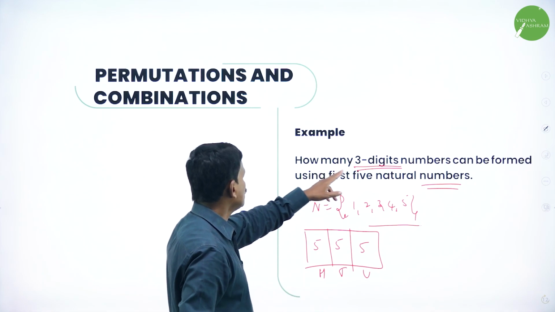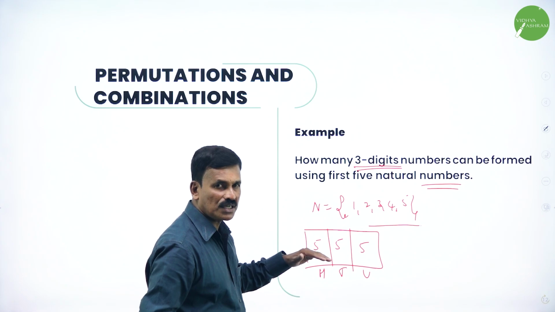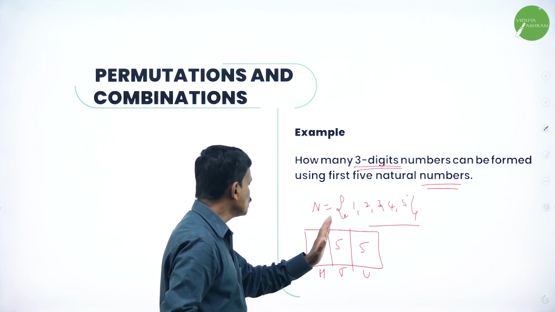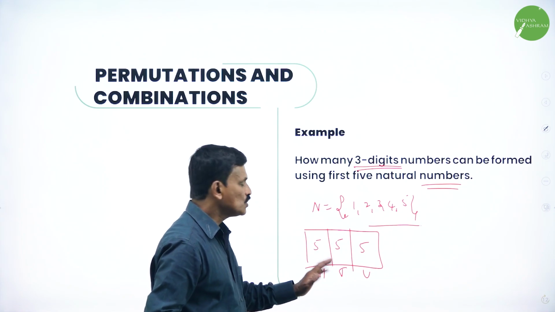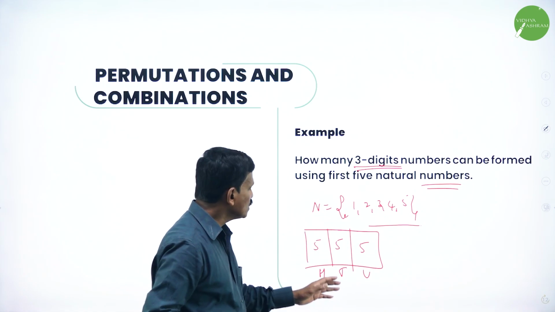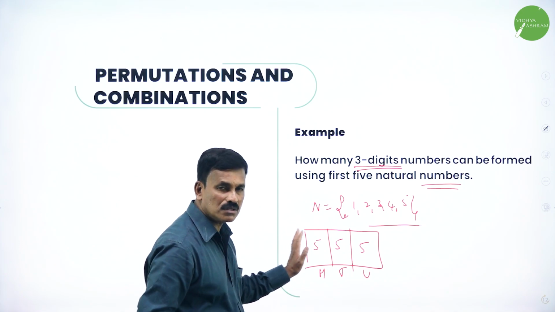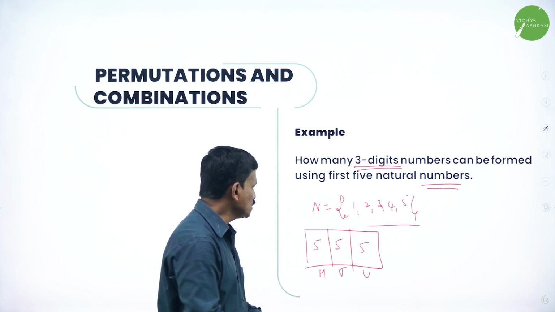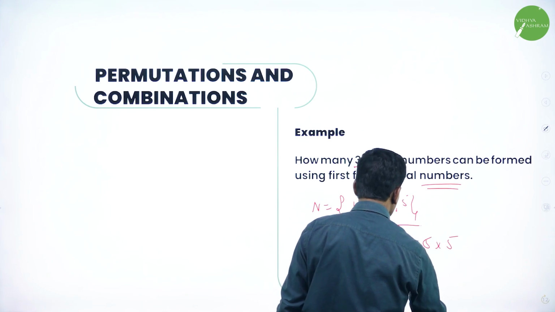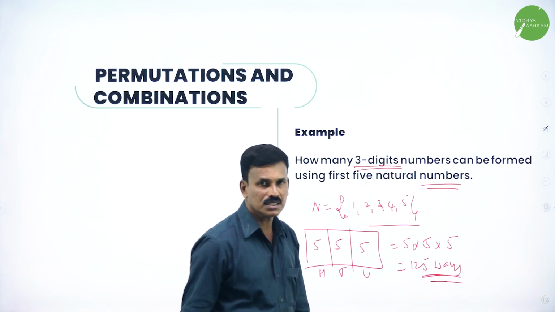All 5 numbers can be placed in each position. So we can write 5 into 5 into 5, which equals 125 ways.